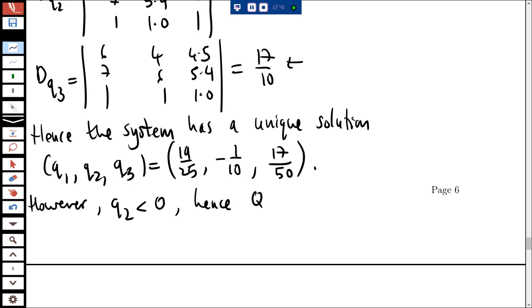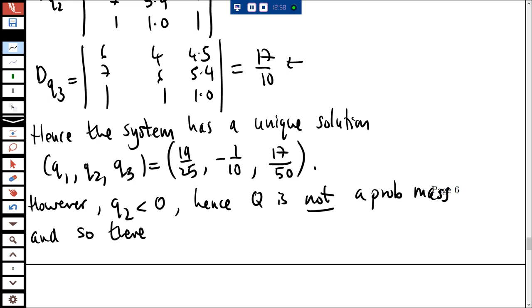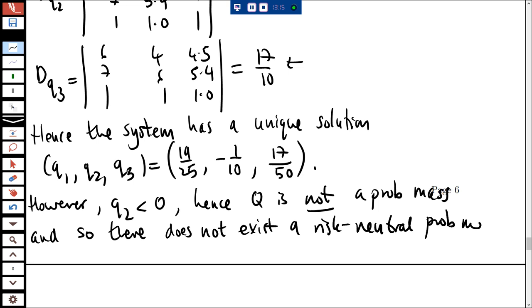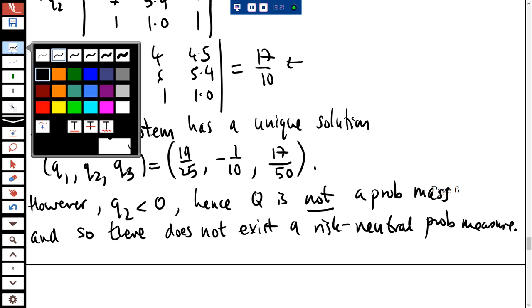Hence Q, which consists of those three values, is not a probability mass, and so there doesn't exist a risk-neutral probability measure. So the conclusion is the market is not viable.